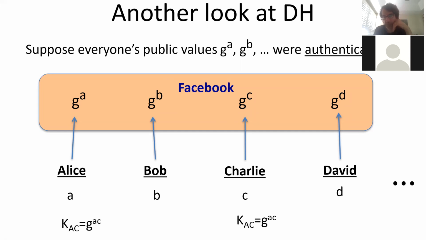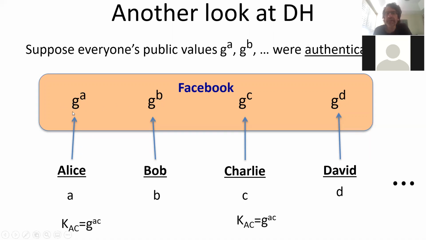And I chose Facebook here, which doesn't mean that I'm suggesting it really, right? But let's just say that there is some service that can be trusted to maintain authenticated data for people. So if that service says that g to the a is Alice's contribution, then this is sacred. They cannot lie.